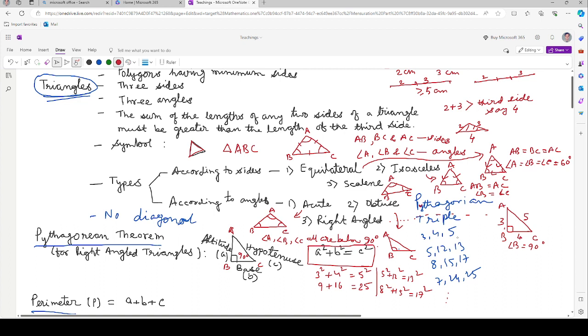3, 4, 5. Similarly, if a right angle triangle has one side of length 12 centimeter, then the other two sides are 5 and 13 centimeter respectively. In this way, Pythagorean triples will help us find the other two sides of a right angle triangle.